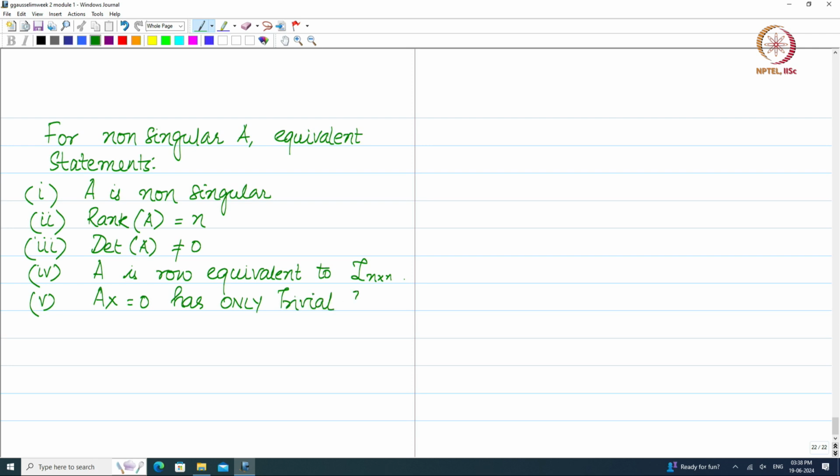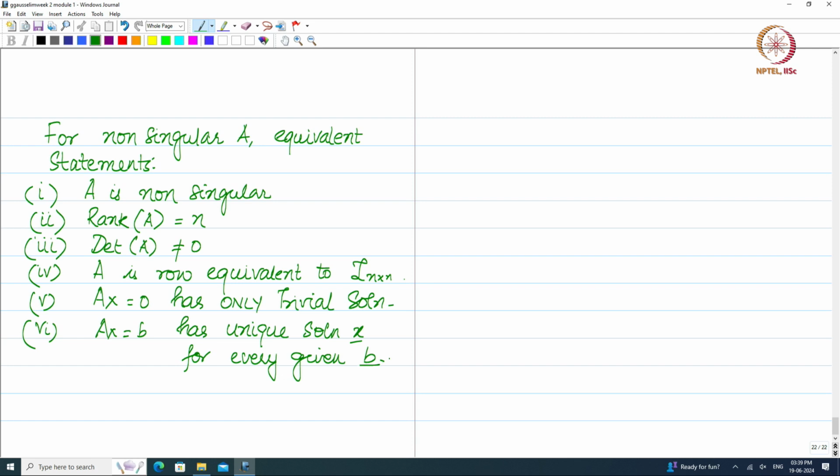Ax is equal to b has a unique solution x for every given b. Note that determinant of identity matrix n by n is 1.